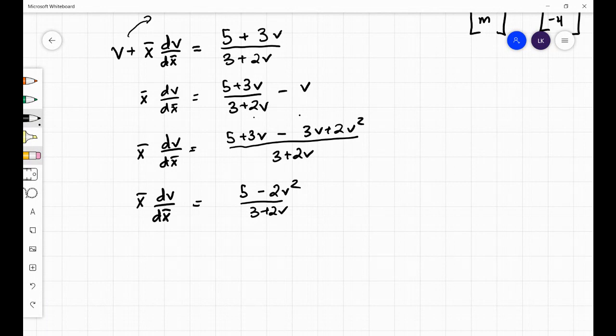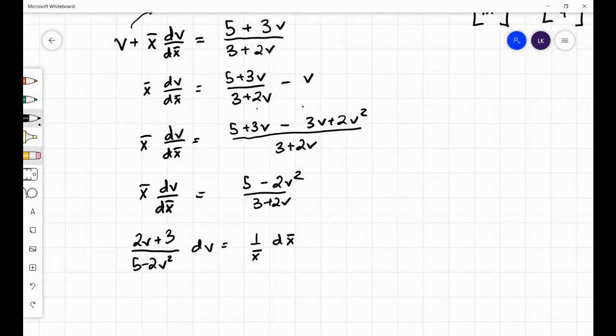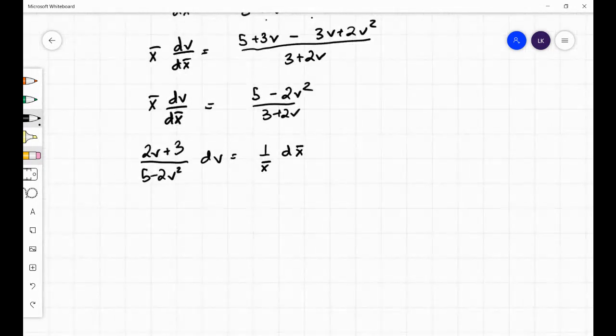So then we can bring all the v business to the left, and all the x bar business to the right. And now we can integrate. The left-hand side over here is a substitution. Yeah, you'd integrate both sides.